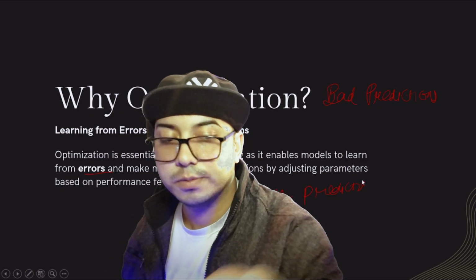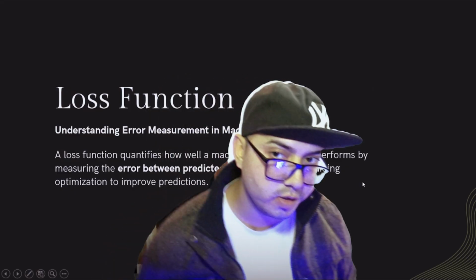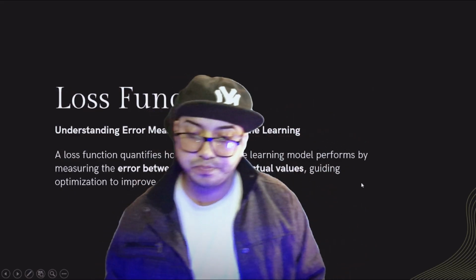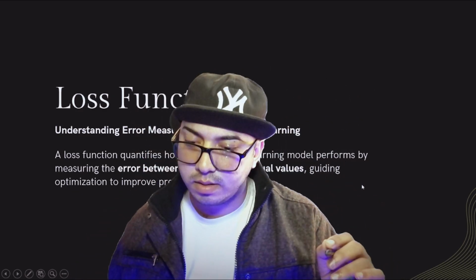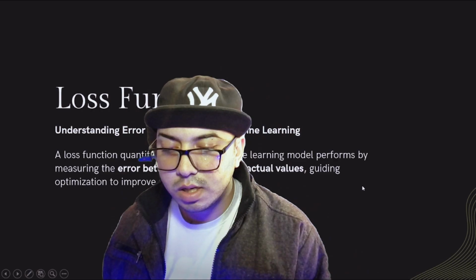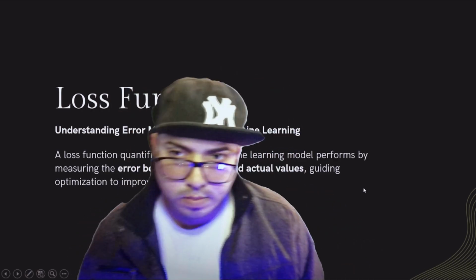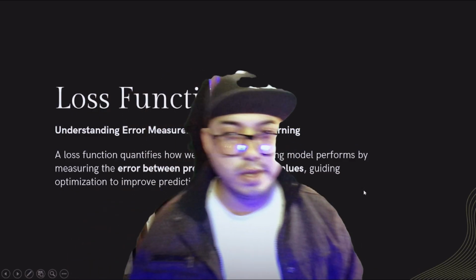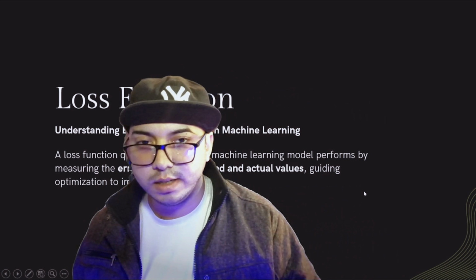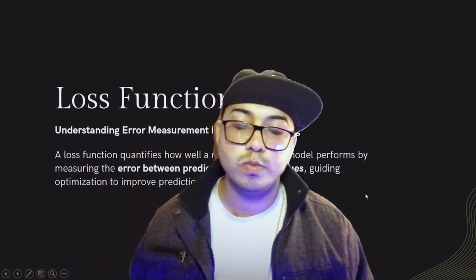So let's learn about the loss function. What is a loss function? A loss function measures how wrong a model's predictions are. It quantifies how well a machine learning model performs by measuring the error between predicted and actual values, guiding the optimizer to improve predictions.